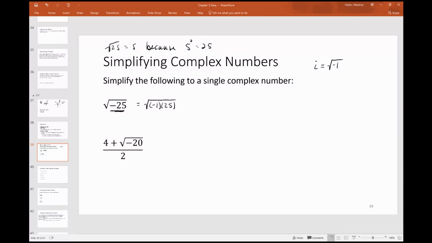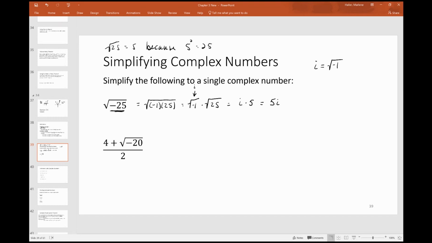It's the same as -25. And then I could break that up and write that as the square root of -1 times the square root of 25, and by definition, the square root of -1 is i. So I could make that substitution, and I could call this i times, and what's the square root of 25? Well, of course, that's 5. I times 5, written in its proper form, would be 5i.